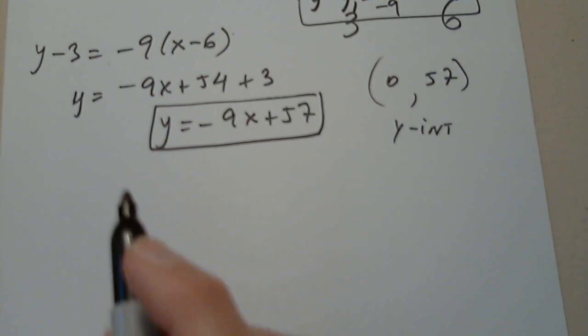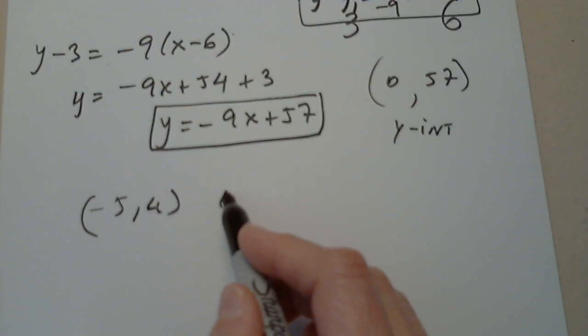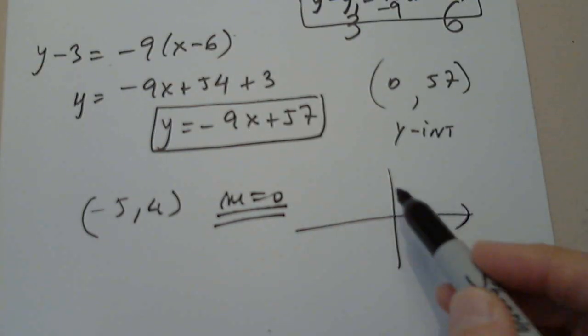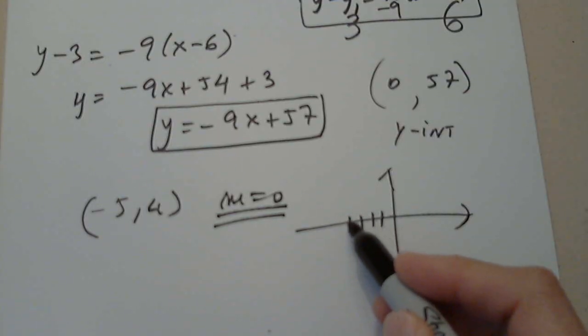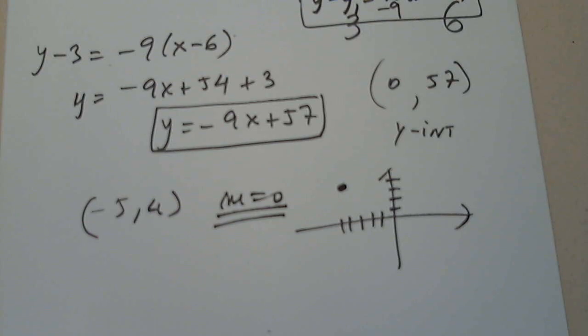So we have a point which is negative 5 comma 4, and we want to determine the equation of a line passing through this point and having a slope 0. So the point is negative 5, 4. That's the point, and we want to draw a line that has slope 0 and passes through this point.